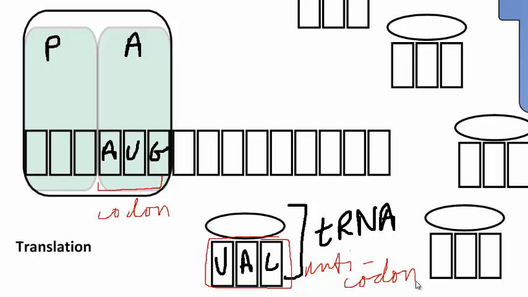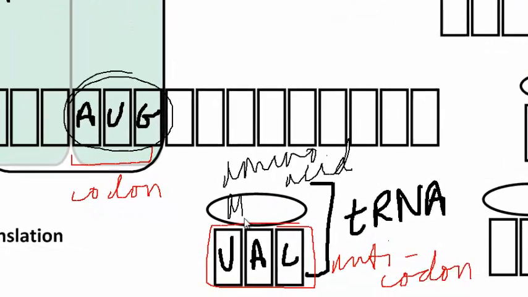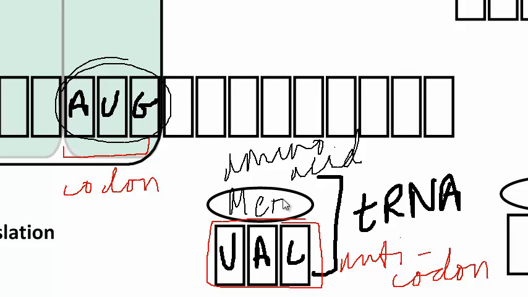But what it wants to match up is what's at the top here, and our oval at the top is an amino acid. In this case, the amino acid that AUG codes for is MET, or methionine. Hopefully you remember that there's a chart that you use to figure out the amino acids, which I'll show you again in a minute, so you don't have to remember all of them, but you should know off the top of your head that the first amino acid is always methionine.